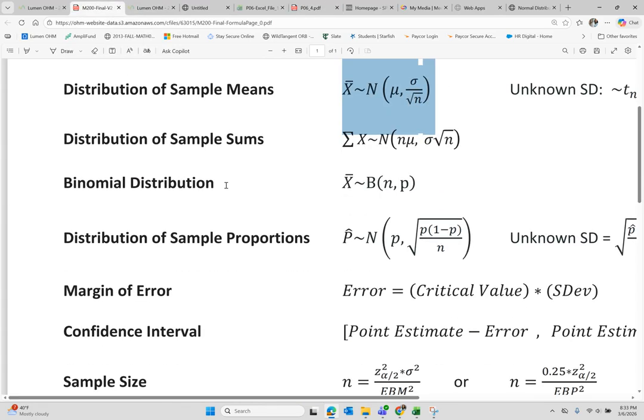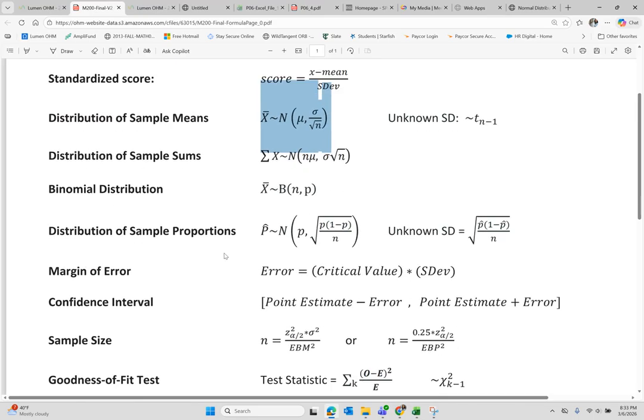In our final exam formula page, we say here that the distribution of the sample proportion is a normal distribution with a mean of p and the standard deviation of the square root of p times 1 minus p divided by n. And when we have an unknown standard deviation, it will be p hat, 1 minus p hat, and divided by n.